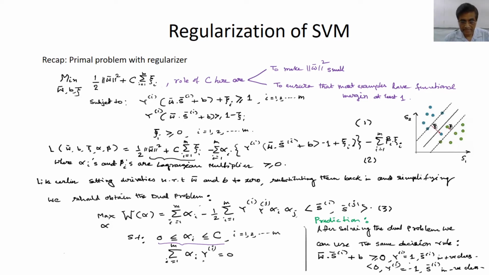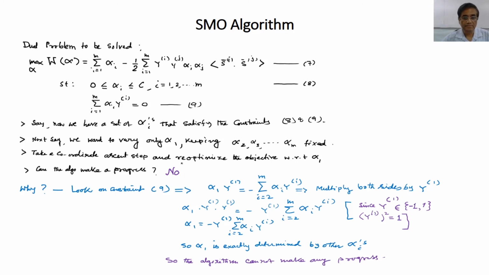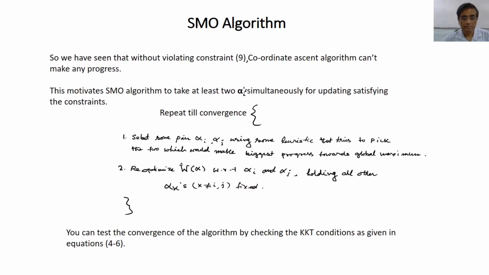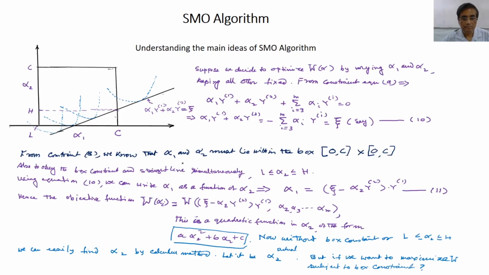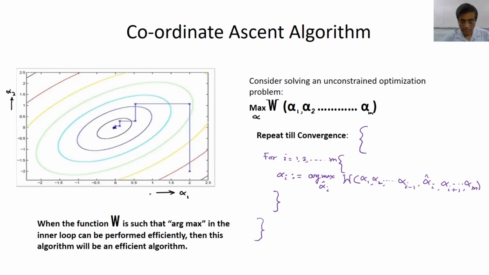And it's very simple. The constraint is the sum of alpha_i y_i for i equals 1 to m equals 0.